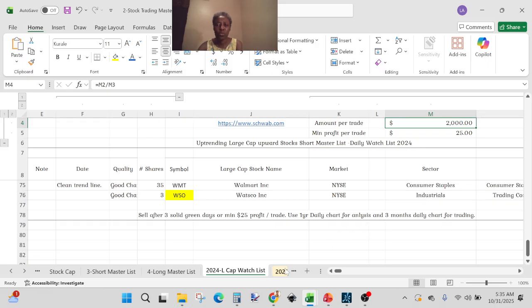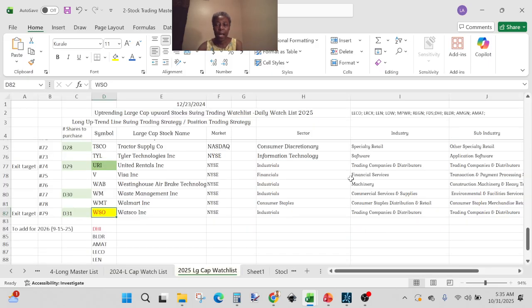And for 2025, after going through 2024, I spent more. At the beginning, I started with 5,000, and then I went to 10,000 per trade for some of them. But going into 2026, the strategies I used for both years were different.